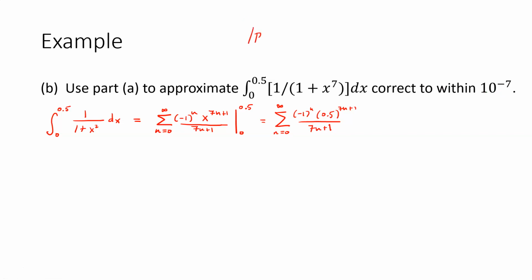So here, let's write Rn, our error. We want that to be less than that, which is 10 to the negative 7. That's the desired error.